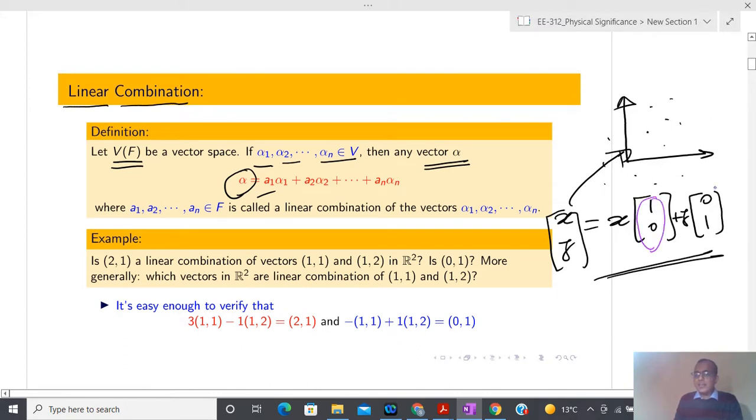In the next class I am going to give these two vectors a name, and that name is basis. So based on these two vectors, I can span anywhere inside this space.